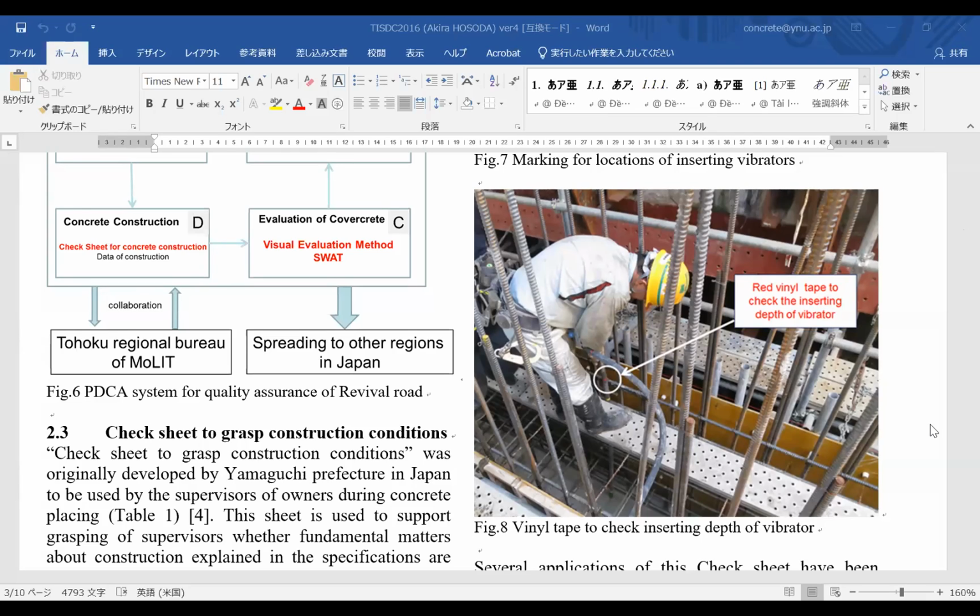This is just one example. I think there are many other ways or methods to satisfy the requirement. Do you understand?